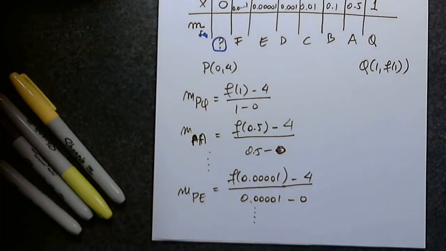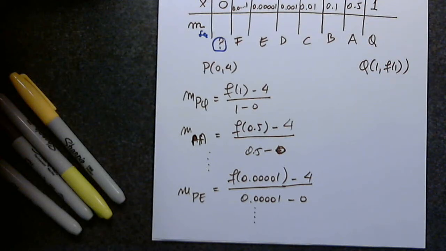Now, look at these three slopes. Is there anything in common here? A lot. There is 4 in common in all of them. There is 0 in common in all of them. And there is this function that is common. Yes, a different x, but it's the same function.